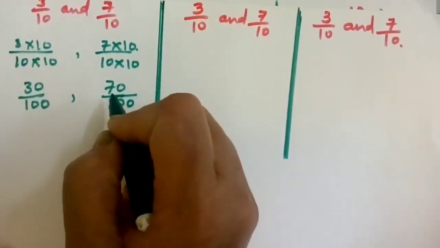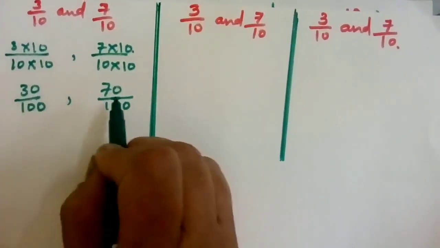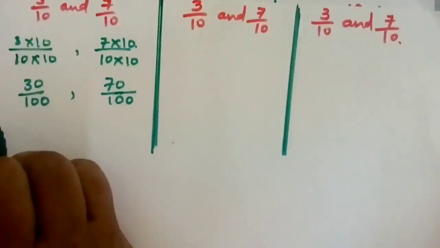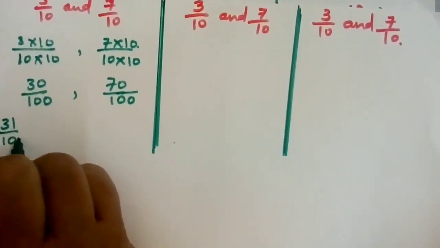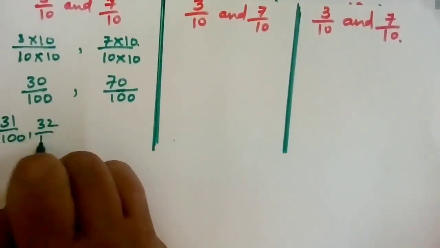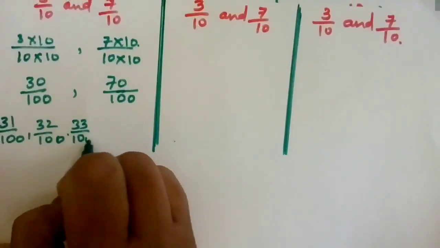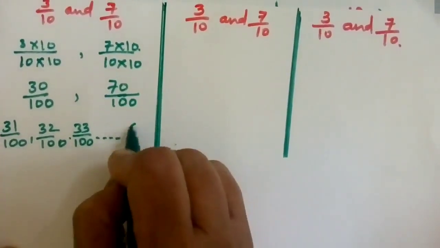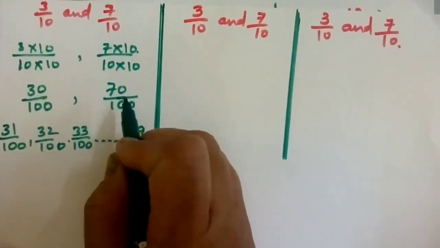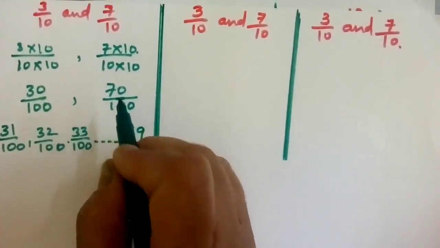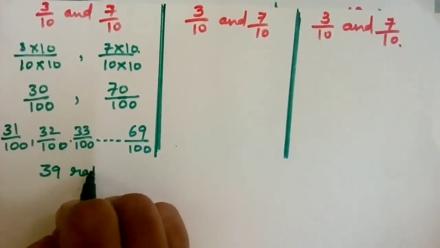Now we can say that the rational numbers will be from 30 upon 100 to 70 upon 100. That is, from 30 upon 100, further 31 upon 100, 32 upon 100, 33 upon 100, up to 69 upon 100. We will not take 70. Before 70, we will take only 69 upon 100. So, total numbers will be 39 rational numbers.